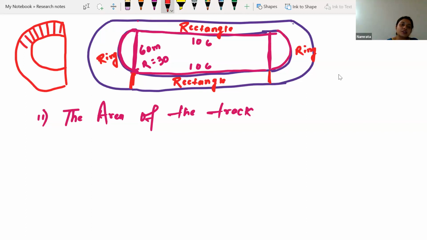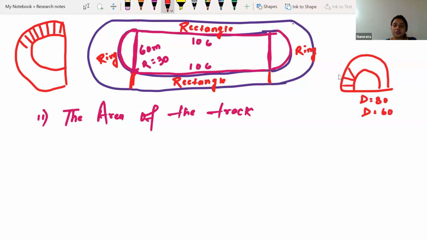If we draw it straight, a bigger semicircle and a smaller semicircle. For the bigger one, it is 60 plus 10 plus 10, so the diameter is 80. And for the smaller semicircle, the diameter is 60. We are only supposed to find the area of this portion.